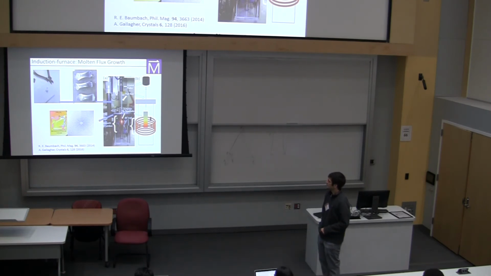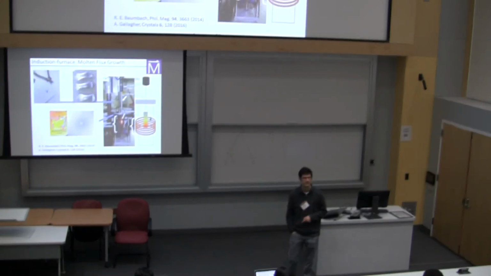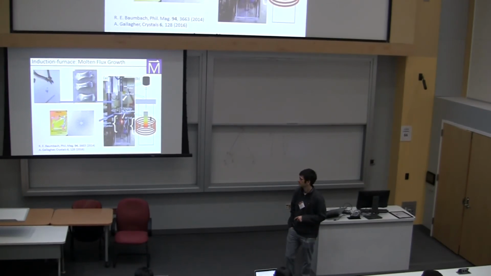I want to tell you about how it's useful for molten metal flux growth. So I already touched on this, and I think that there's probably enough people here that are familiar with molten metal flux growth. The idea, just to reiterate, is that you will take some low melting temperature element like indium or tin or aluminum, whatever you like, and you will heat it up and try to dissolve some higher melting temperature elements into it until the melt is supersaturated.